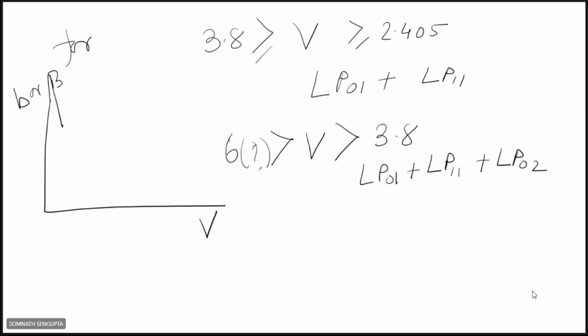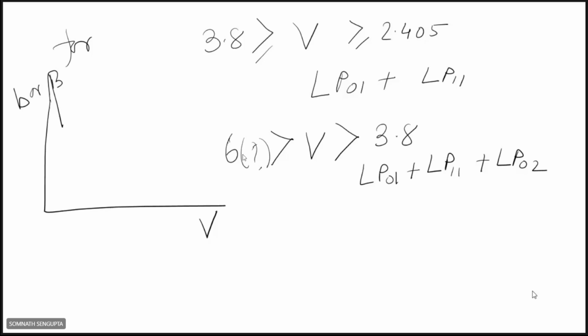Then what are the different values of V number for which the LP modes propagate? These LP modes only propagate in optical fiber, and basically in optical fiber hybrid modes propagate, EH or HE modes, because it is cylindrical fiber.